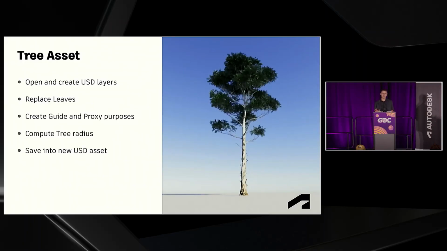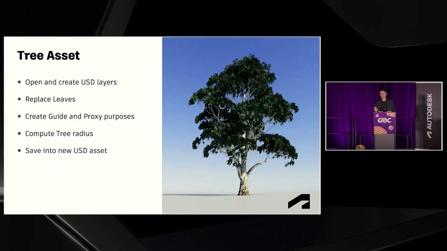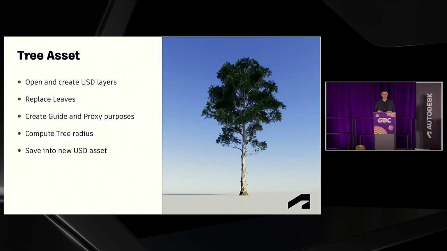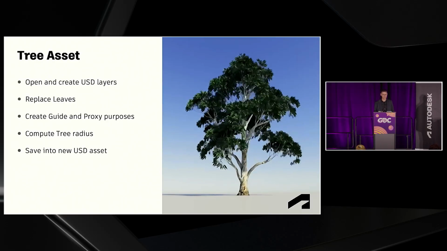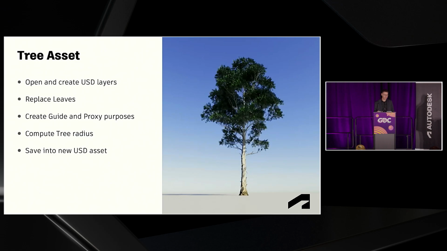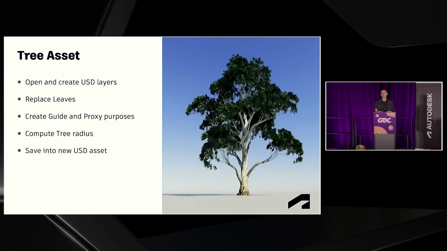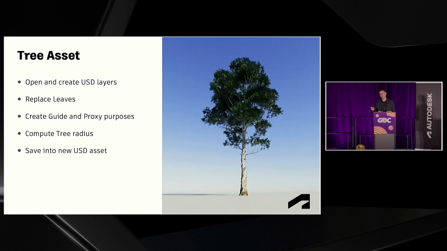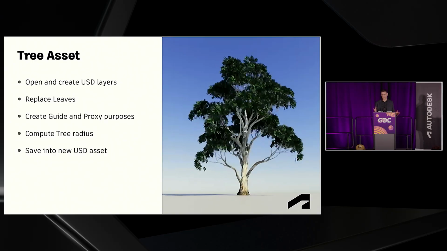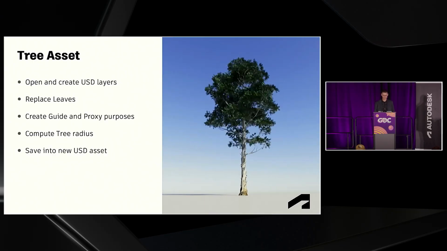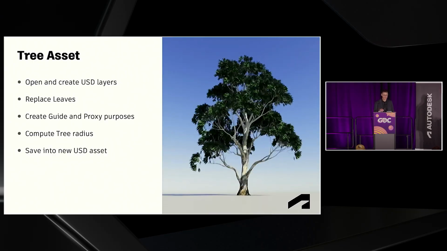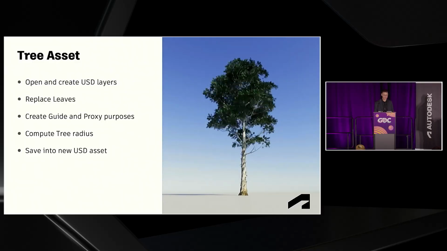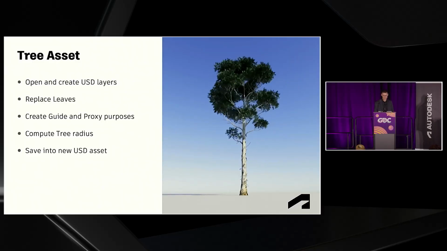So we are going to add a simple radius attribute, a USD attribute, just to showcase how you can create a USD attribute with Bifrost. We could also use more advanced techniques like looking at the volume of rocks, but here it will be very simple for this presentation. And in the end, we will see how to save the USD asset to disk.